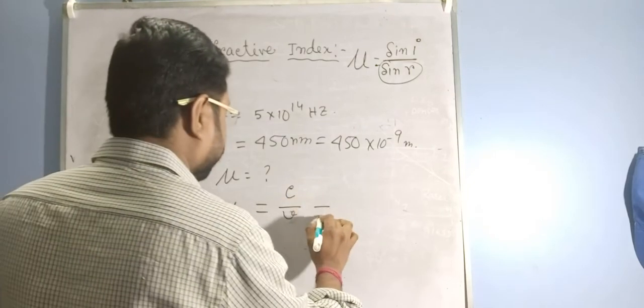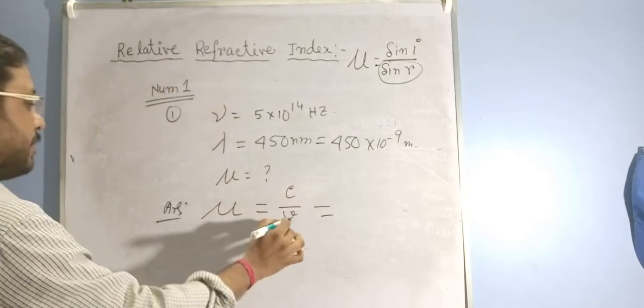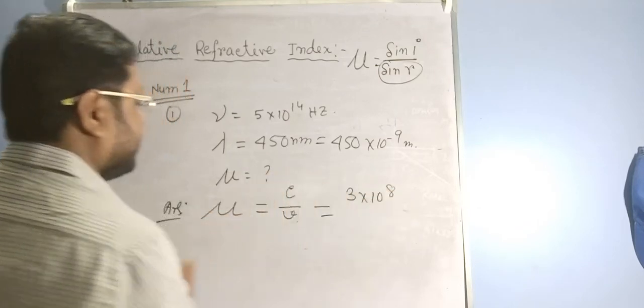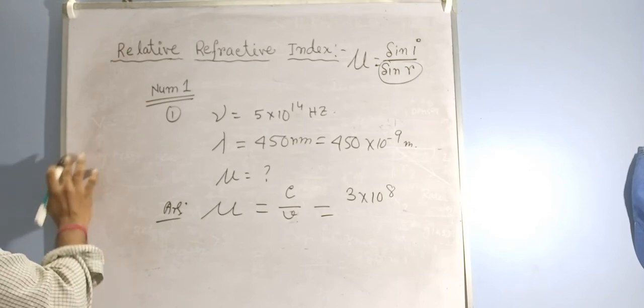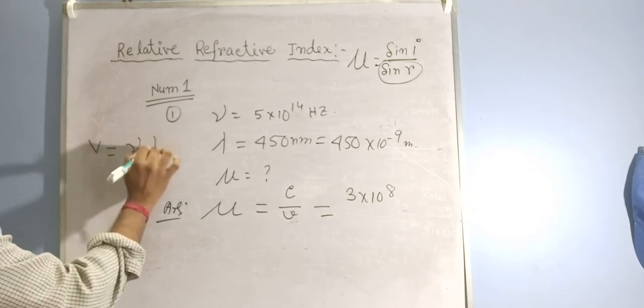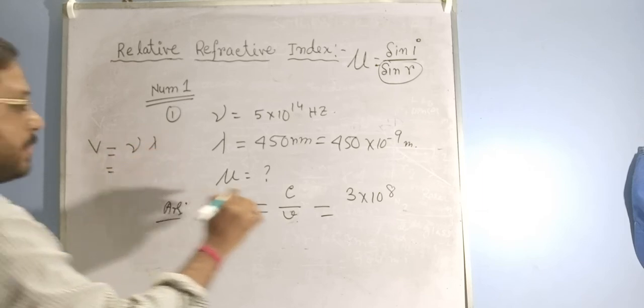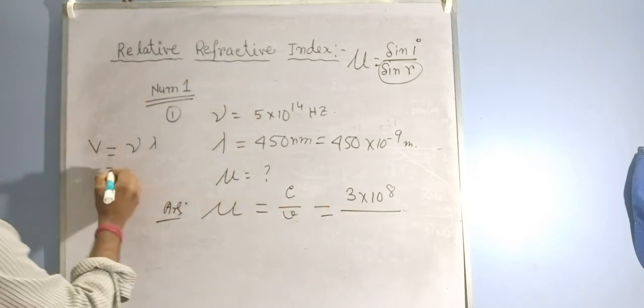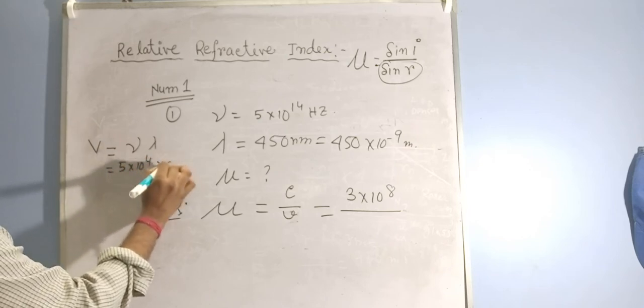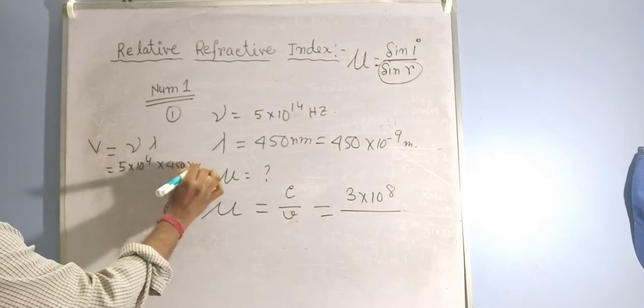So, we can calculate V. We know the velocity of light in vacuum is 3 into 10 to the power 8. Now, the velocity of light in the medium is V equal to nu lambda, where nu equals 5 into 10 to the power 14 and lambda equals 450 into 10 to the power minus 9.